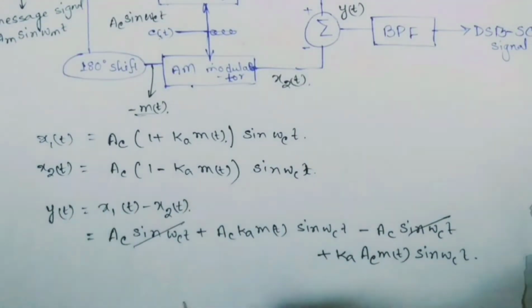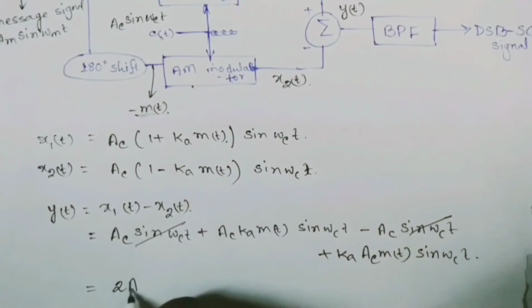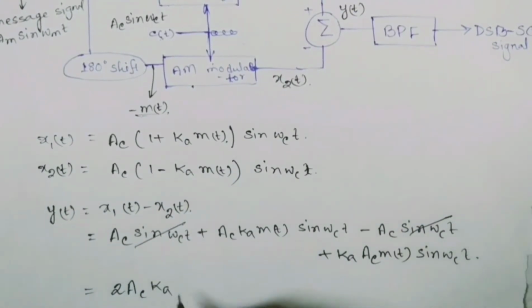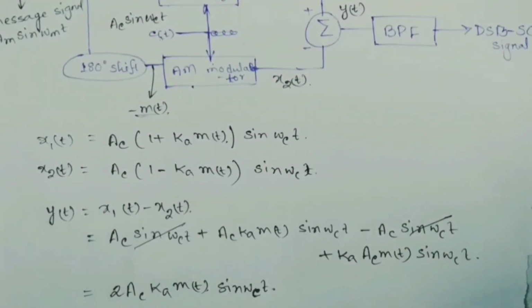So this cancels and we are left with 2 Ac k m(t) sin omega c t. I hope you understood why they are subtracted.